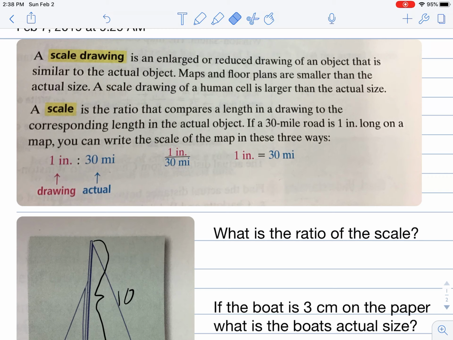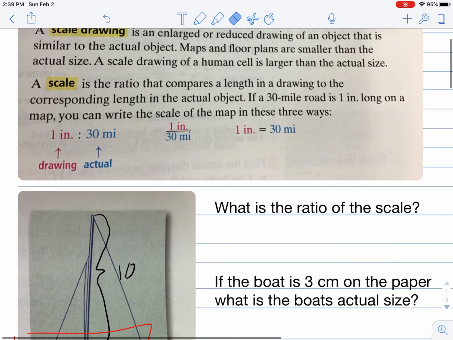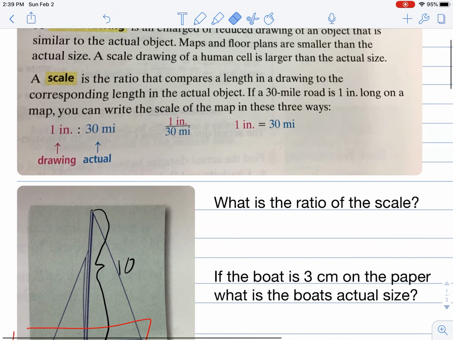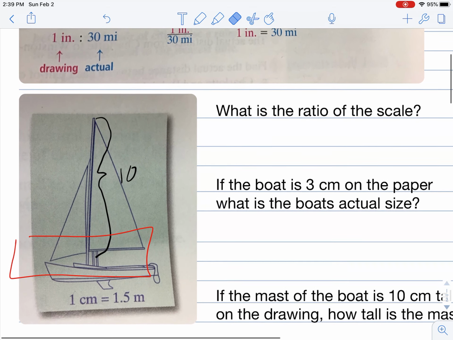For example, 1 inch on a drawing might mean 30 miles in real life. That would be looking at a map. How we use scales for drawings, we're going to set them up just like proportional ratios, and then solve for the unknown.